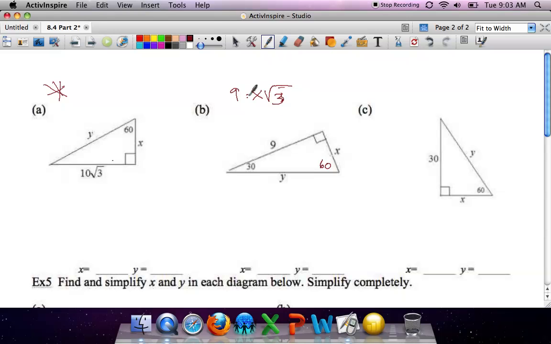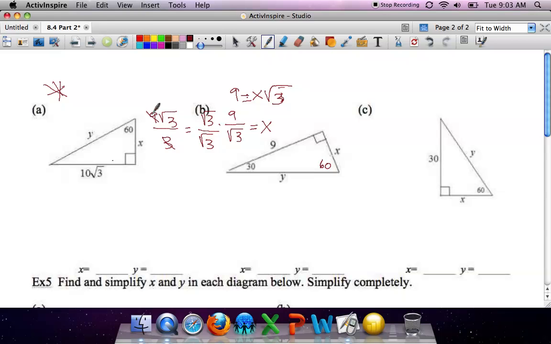We want to solve this out by dividing both sides by root 3. And we rationalize the denominator by taking out the root 3 in the denominator by multiplying it by 1. And so the denominator would be 3. The numerator would be 9 root 3.